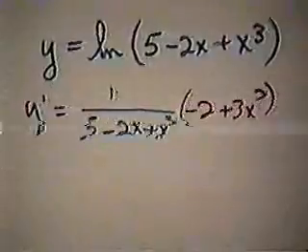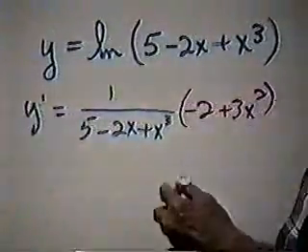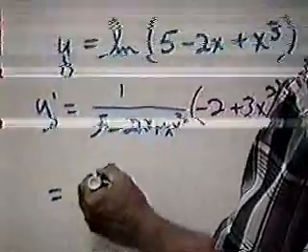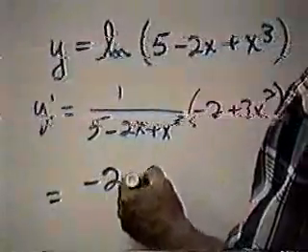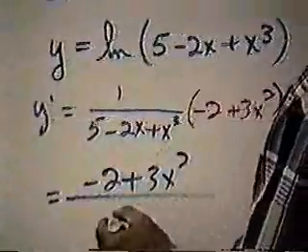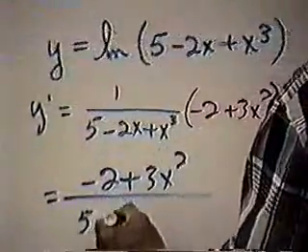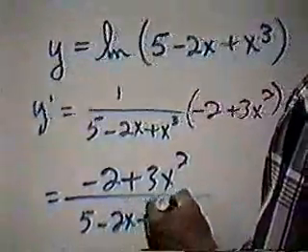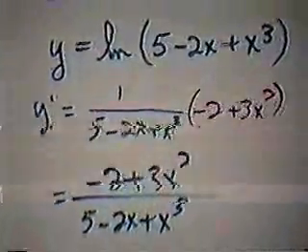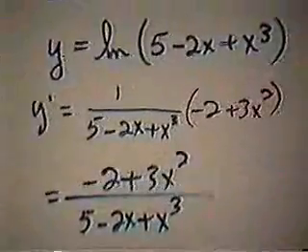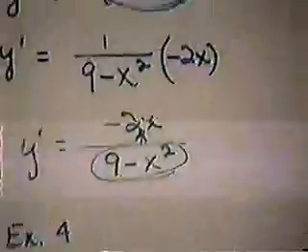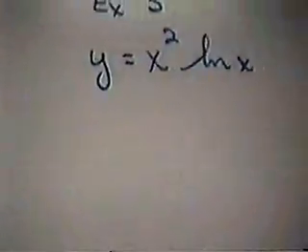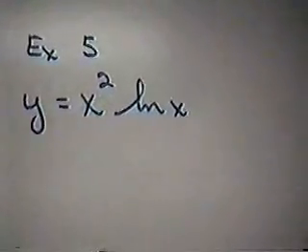So again, we come back and we simplify that one and write it as minus 2 plus 3x squared all over the object 5 minus 2x plus x cubed. Okay? Now let's look at example 5. Now example 5 is a product rule first. Product rule.